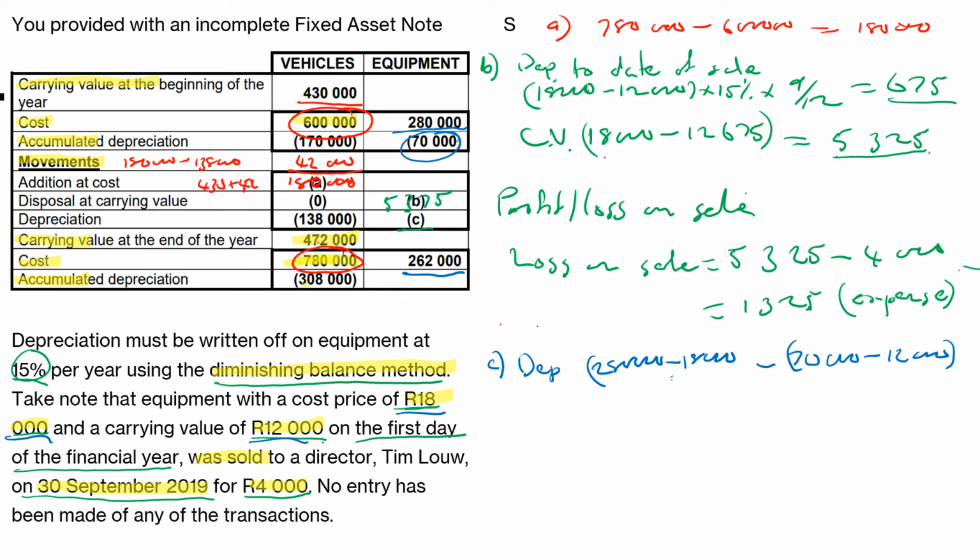Minus 18, you see it's the same as the 260, so you've got 262,000. So sometimes when you need to calculate, you can use this figure here, minus 72,000 minus 12,000, that gets you 58,000.